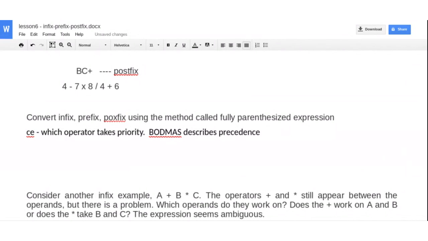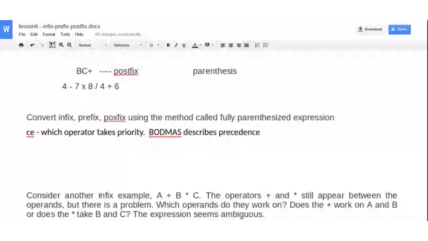So we need to move from left to right, identifying the operators and their operands. And for each operator and its operands, we have to surround it with brackets. Another name for brackets, especially in computer science, is parentheses.